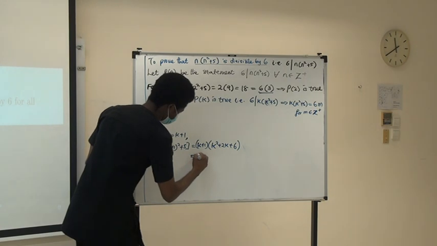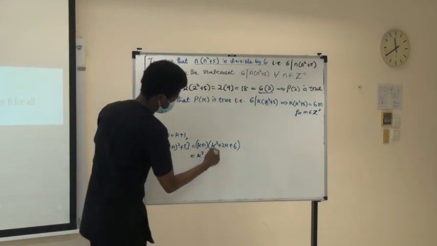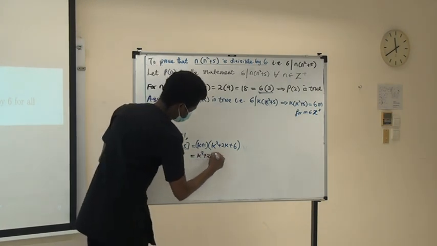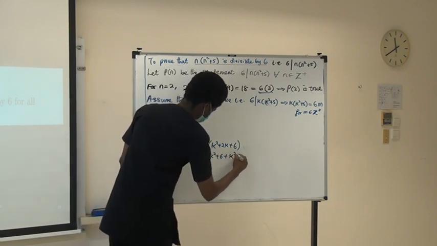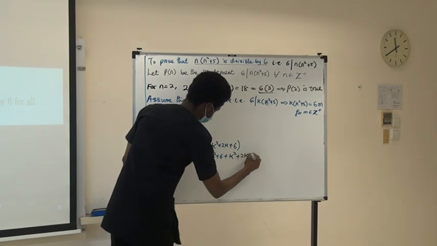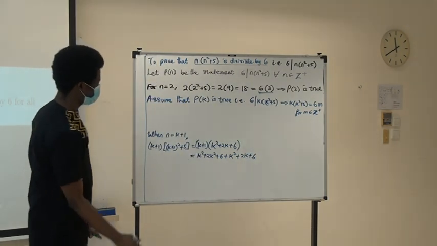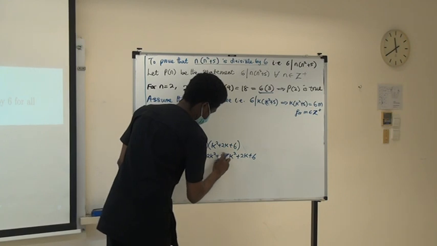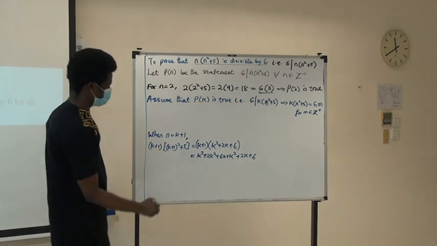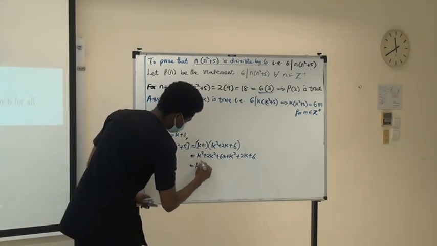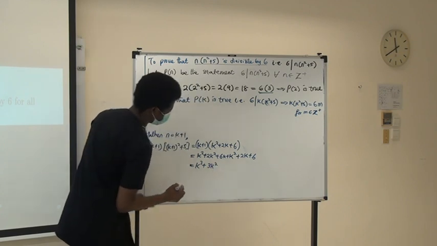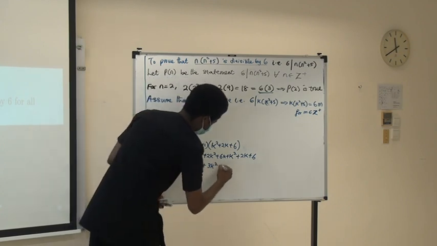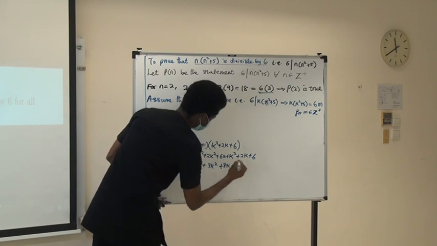Okay, let's expand quickly. You have k cubed, 2k squared, right? Plus 6, then k squared, 2k plus 6, am I right? 6k. Am I right? Okay. So simplifying this, you get k cubed, 3k squared, yes? Followed by 8k plus 6.